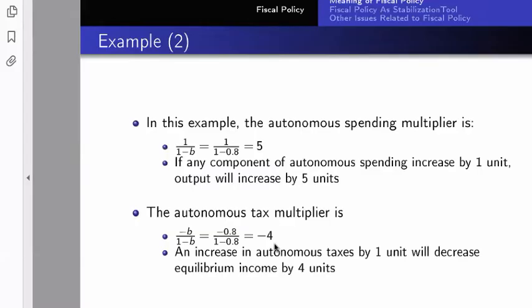Guys, solve it and let's see. Again, 2 marks for anybody who is able to solve it. Make sure you get 5 for the autonomous spending multiplier and minus 4 for the autonomous tax multiplier. You have all correct. Okay, 2 marks for you.